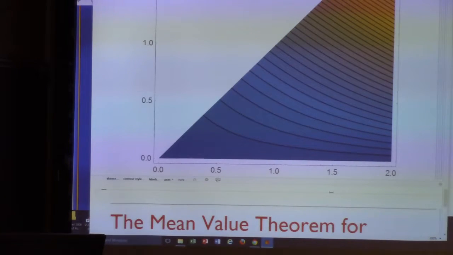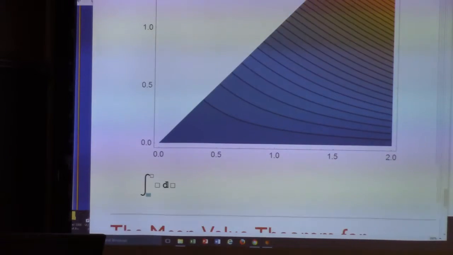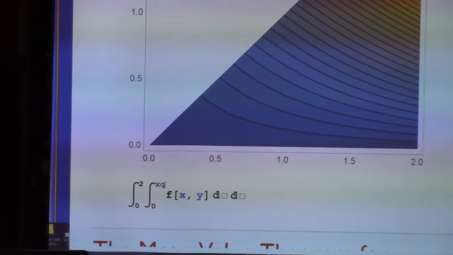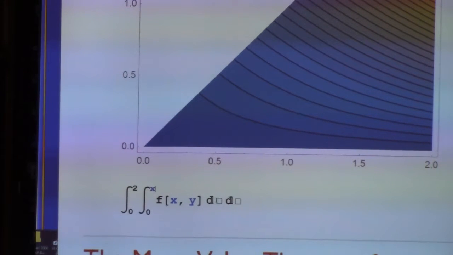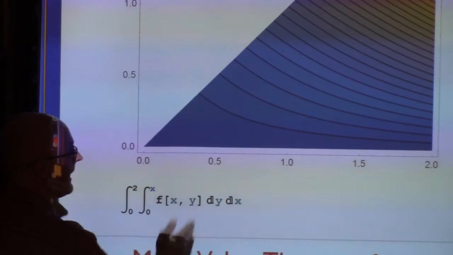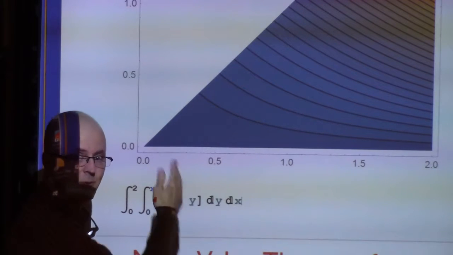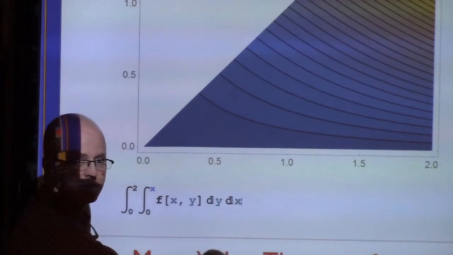To do the integral, you could do it this way. Ignore that q there. That would be one way to do the integral, as a vertically simple region, as set up in multivariable calculus.